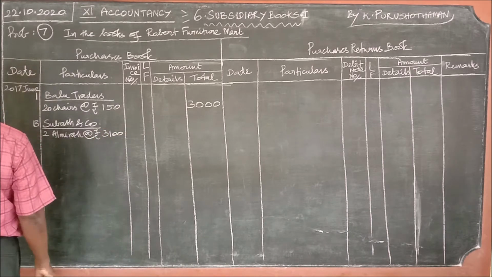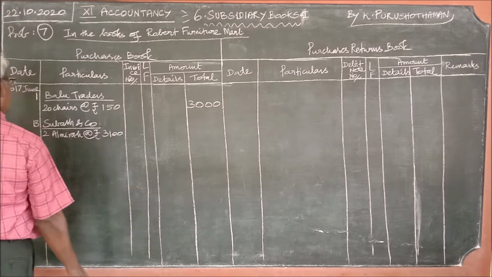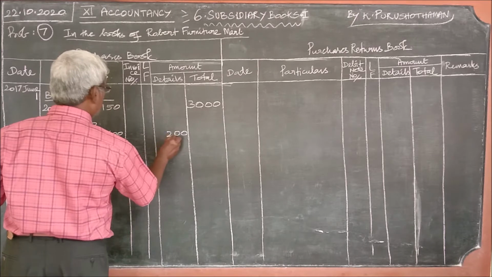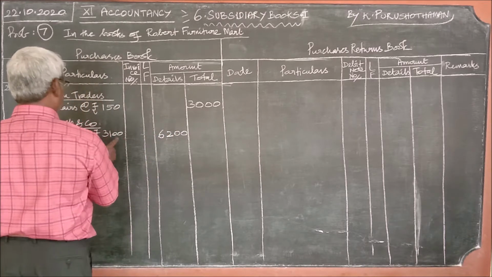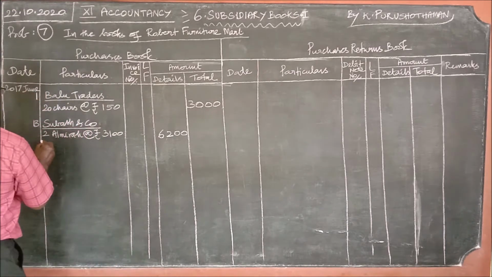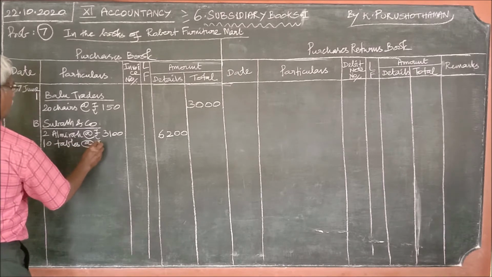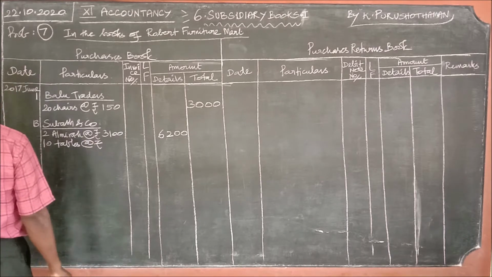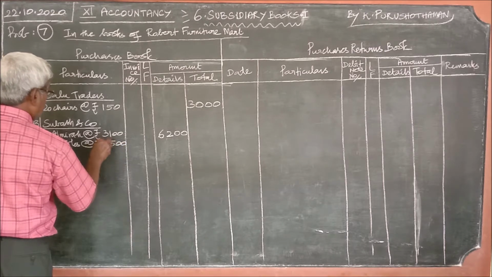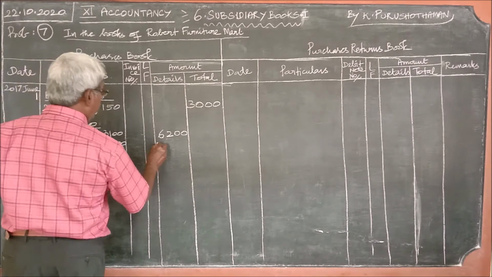There are three items purchased from this Subhash and Co. Therefore, you write the amount in the details column. We have multiplied 3,100 by 2, which is 6,200. Then the second item, 10 tables at the rate of rupees 1,500 each. 10 into 1,500, add one zero, 15,000.